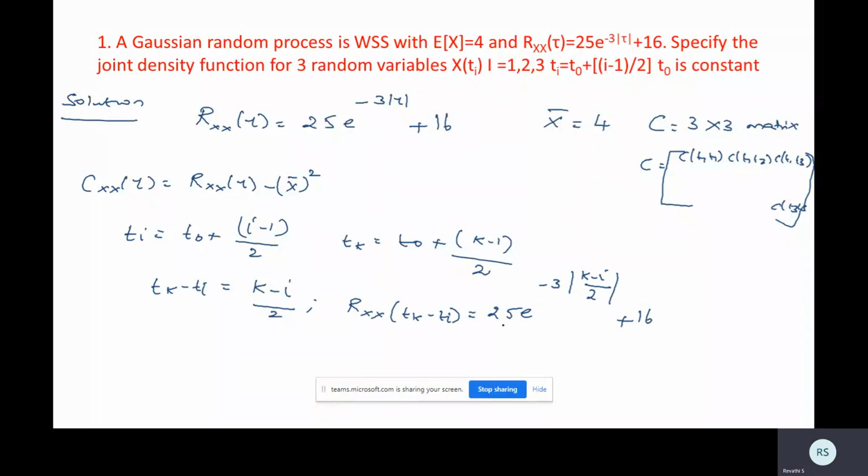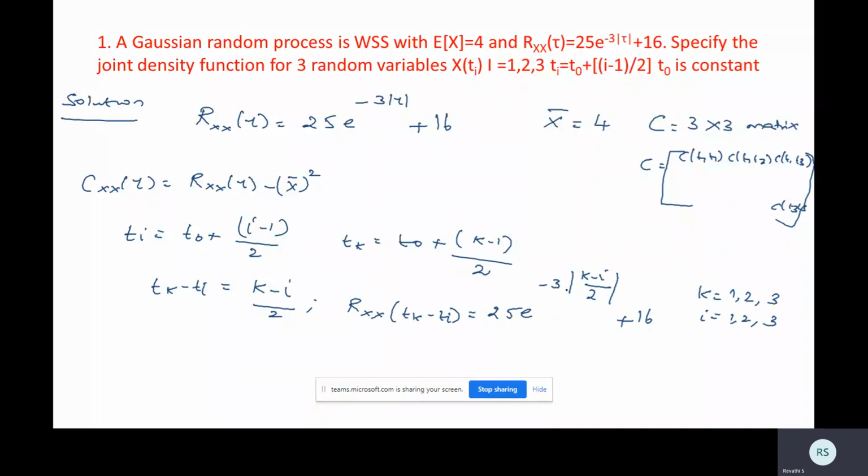Here you substitute k equal to 1, 2, 3 and i equal to 1, 2, 3 because we are going to write a 3 cross 3 matrix.